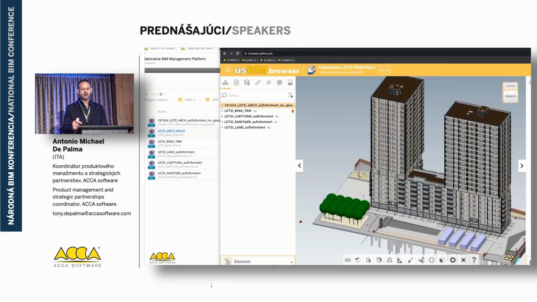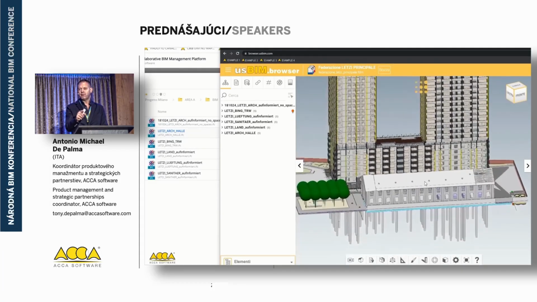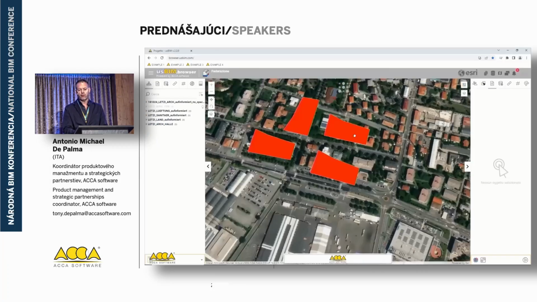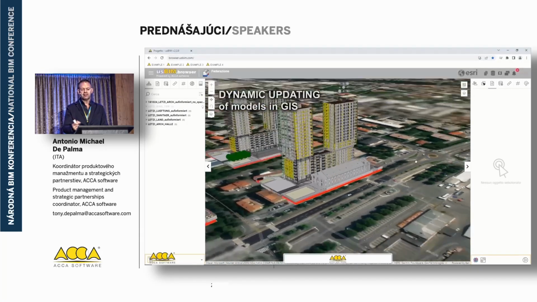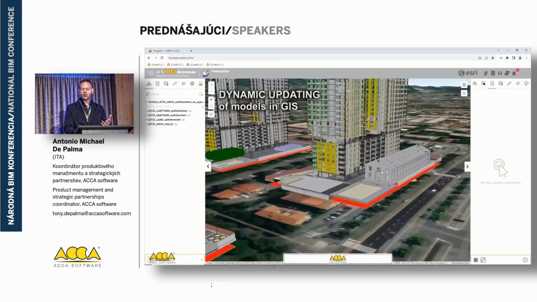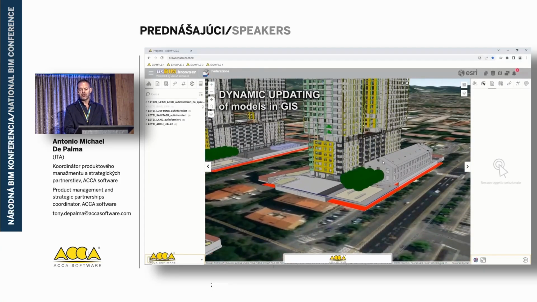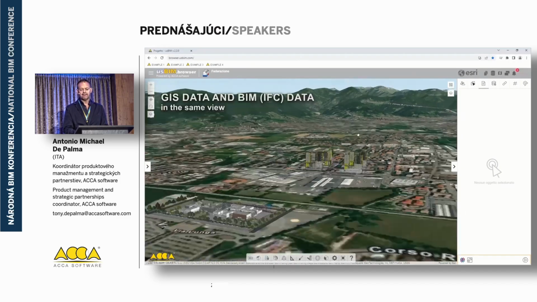A simple drag and drop allows me to bring in the new geometry and update the model. This is in the BIM side of things. This is in the platform. And you can see that whoever's working on the GIS side of things can access the updated version now. So he doesn't need to worry about accessing the latest version of data because it's already been dealt with in the CDE.